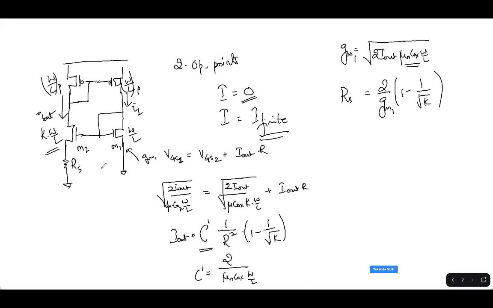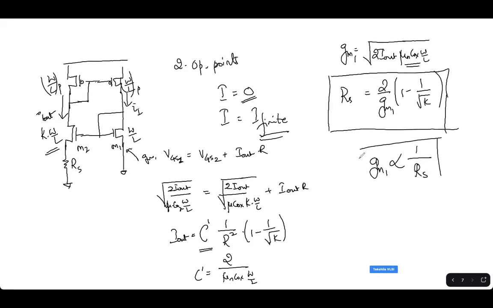And for the resistance RS, I have gotten the equation, meaning the GM of the transistor is proportional to 1 by RS. The value of resistance that you have inserted and the ratio K, of course, there is a proportionality constant there. GM1 is proportional to 1 by RS into the value of K, and the value of RS and K will decide how much GM you have here.